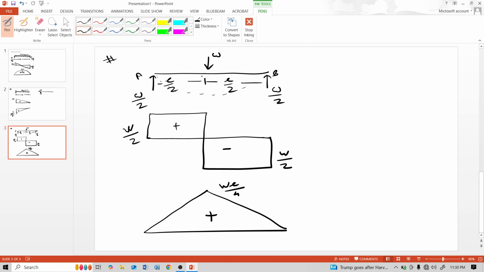See, at this point, L by 2 point, calculate bending moment.